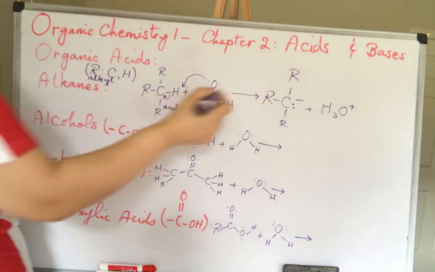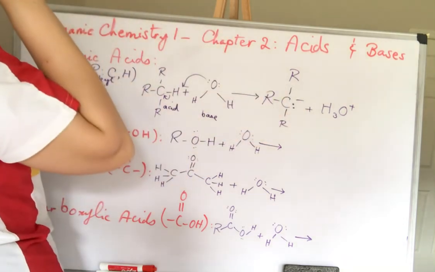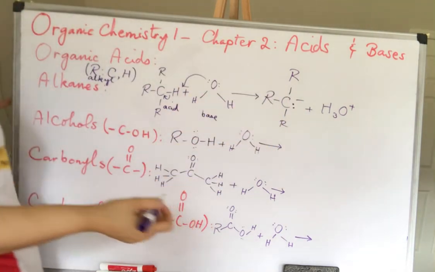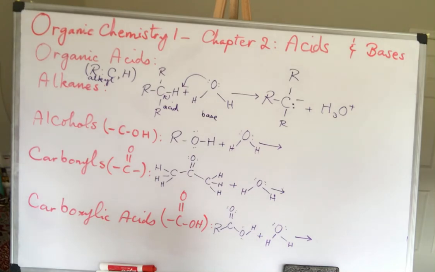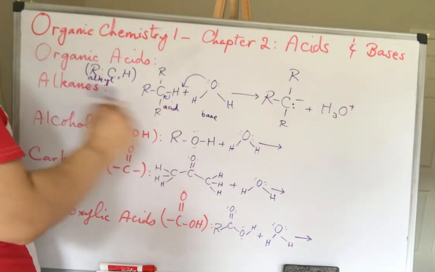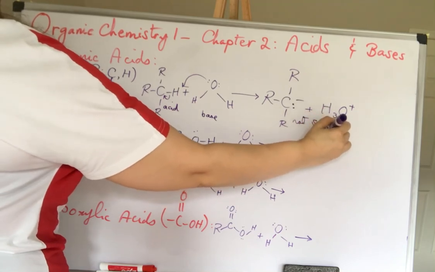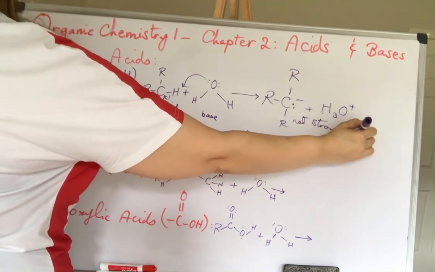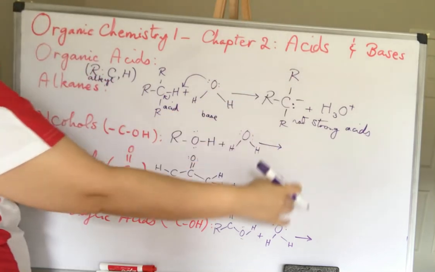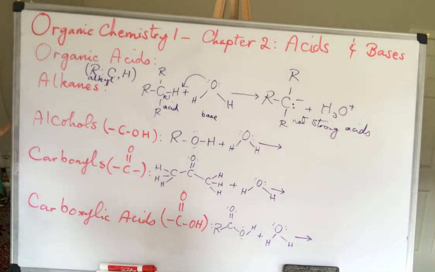So why? Because the negative charge on carbon is not a good thing to have, plus there is no stabilizing effect. So alkanes are not strong acids. As we go down the list, you will see the difference between good acids and not strong acids.